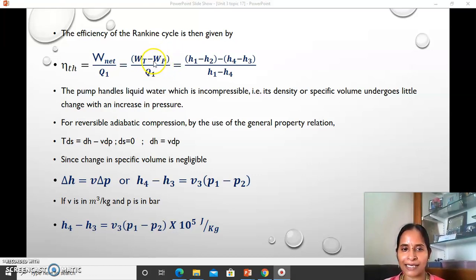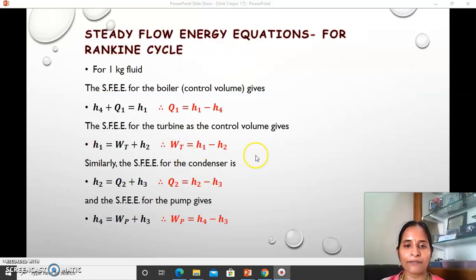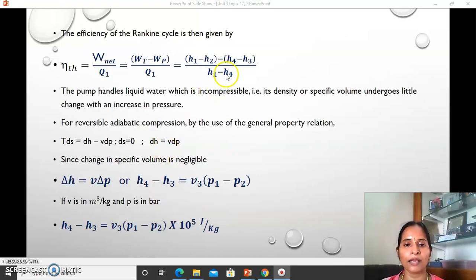Why the negative sign? Because W pump is work absorption, work done on the system. You then substitute the equations derived using the SFEE equation, so that you can get the equation for thermal efficiency.